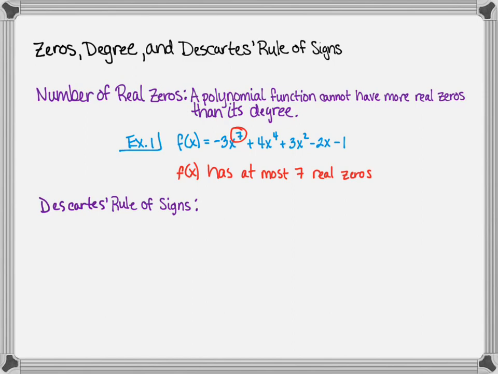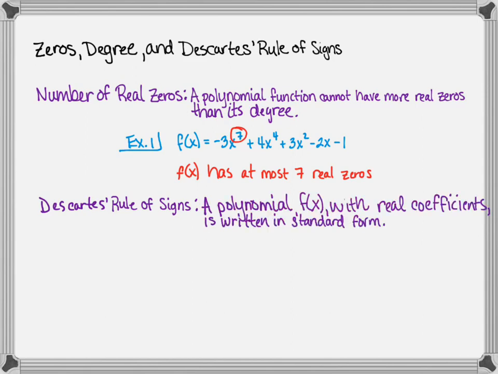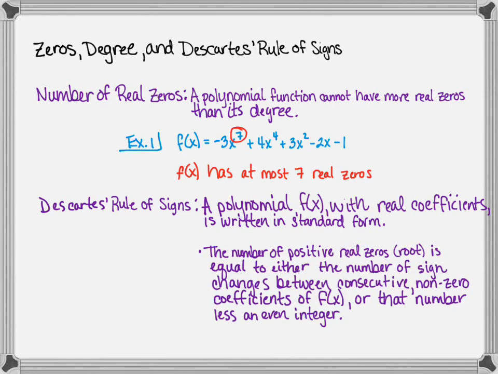Descartes' rule of signs. Okay, a polynomial function f of x with real coefficients is written in standard form. From this, the number of positive real zeros, or roots, is equal to either the number of sign changes between consecutive non-zero coefficients of f of x, or that number less an even integer.